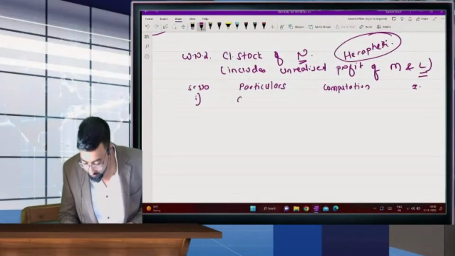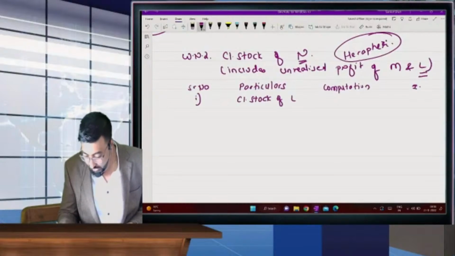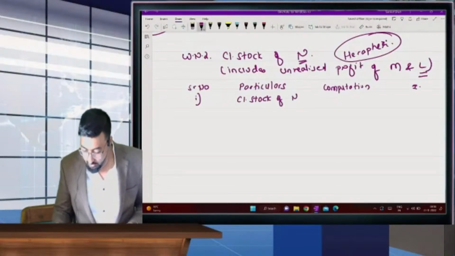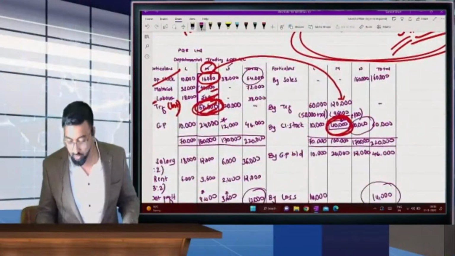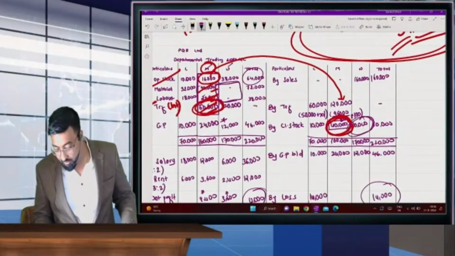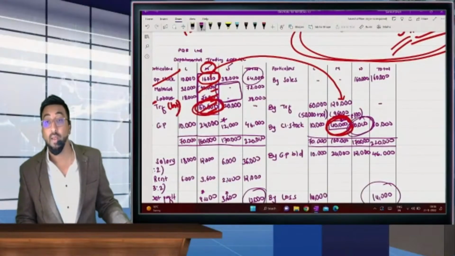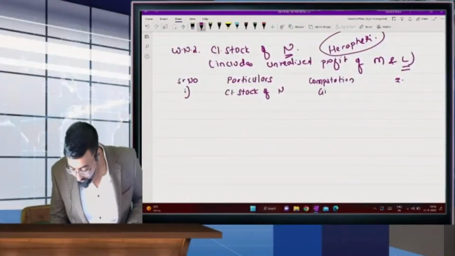चलो, now closing stock of N, see, now closing stock of N 10,000. Now N does not have any own cost, so whatever they received is from M. So closing stock of M given 10,000.